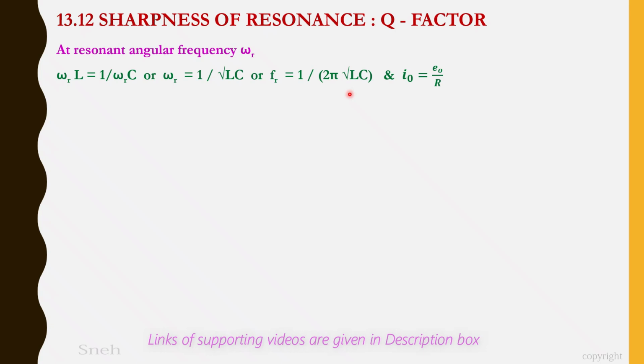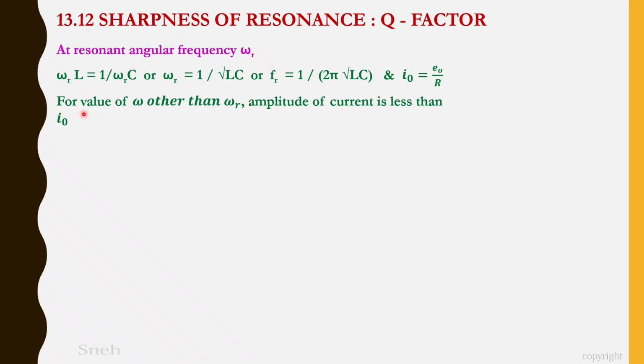Here is one more thing we revise which we have studied earlier: the series resonance circuit acts as a pure resistive circuit. So I0 is given by E0 upon R. As XL is equal to XC, impedance is given by R. At omega r, XL is equal to XC.